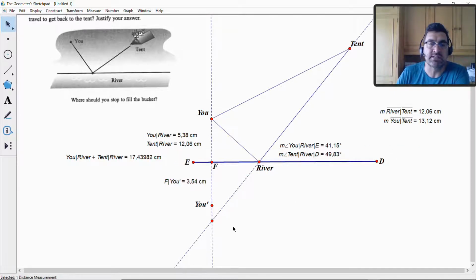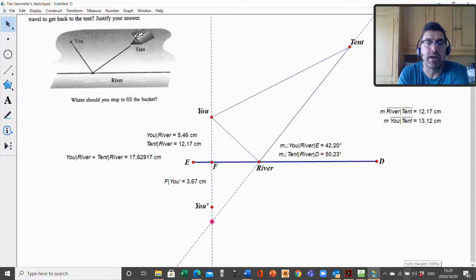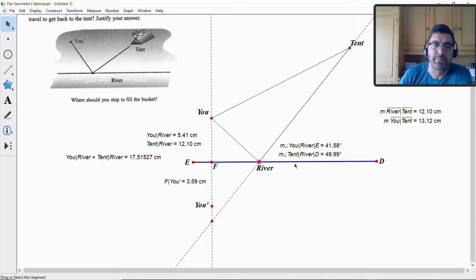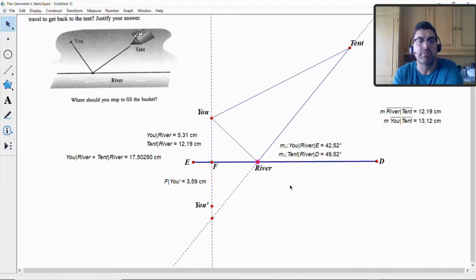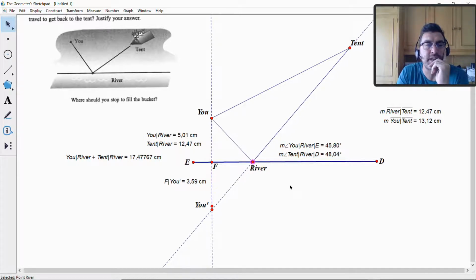That distance is given to me as 3.54. So if I move this up now, sorry, I shouldn't be moving that up, I should be moving my point along the river. Okay, if I move my point along the river and I see the difference that's happening here in terms of this distance, I'm at 17.477.